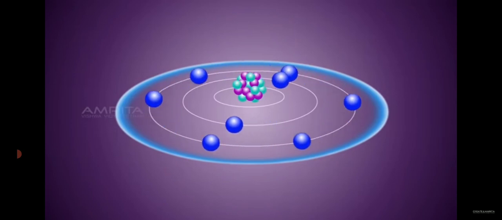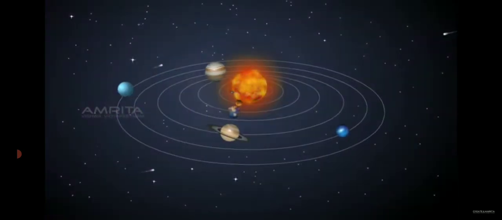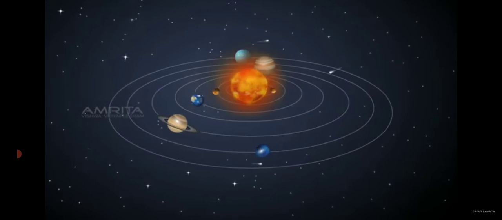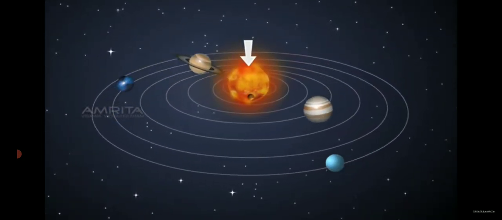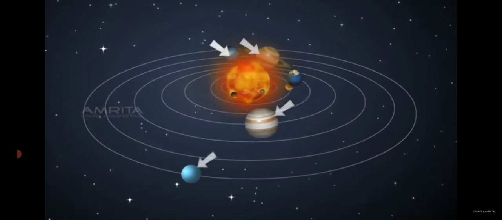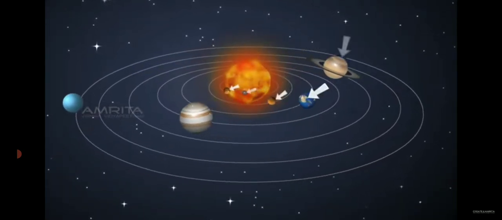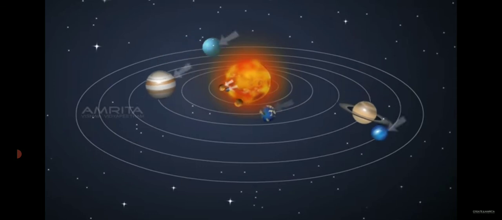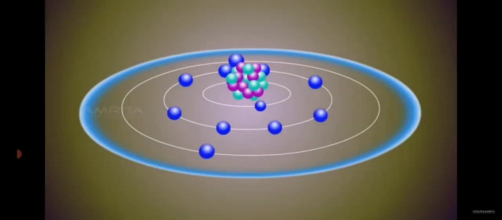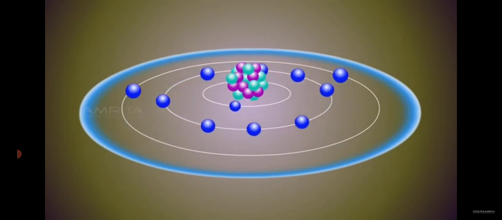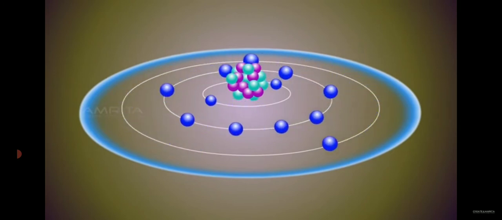The atom has been compared to the solar system. In an atom, the nucleus is the sun and the electrons are planets, just like planets in the solar system. Each electron revolves around the nucleus in its own different orbit.